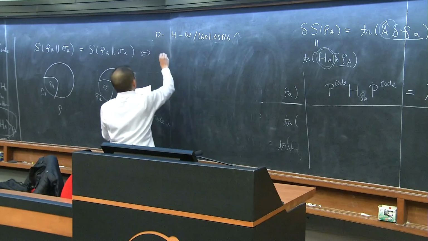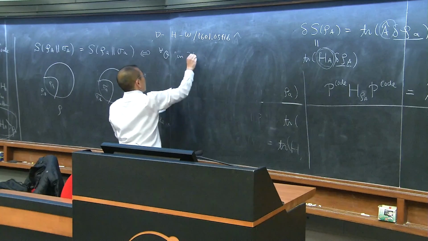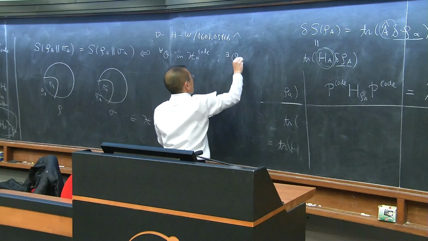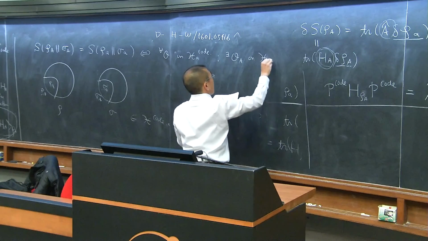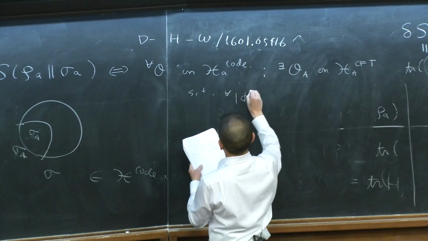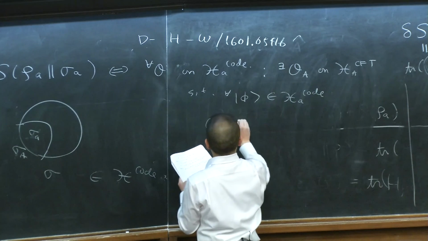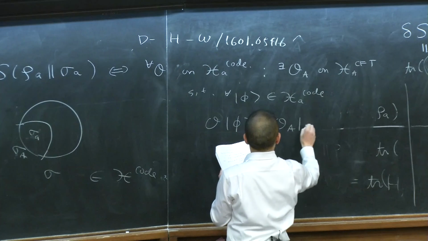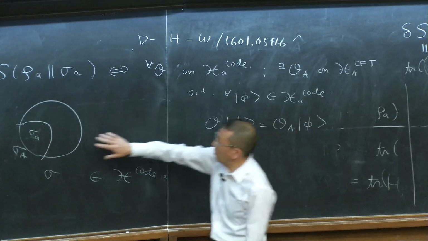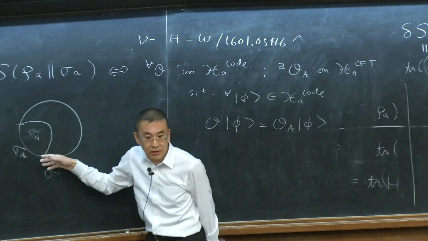From this, you can prove that for any operator acting on the code subspace, there is some operator on the CFT side, such that for any state in the code subspace, you can reconstruct it. Namely, an operator acting on the code subspace can be reconstructed by an operator acting on the boundary.